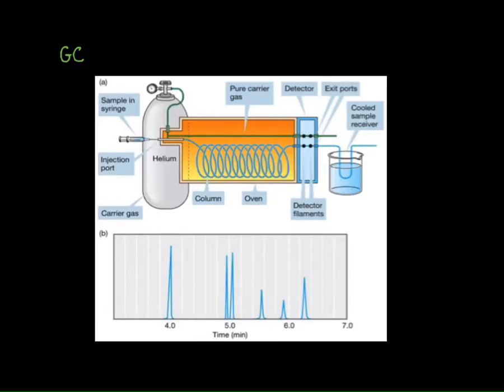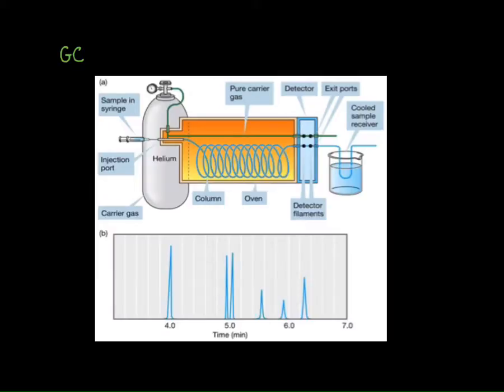And the process works very similarly, where you inject your sample, and that sample interacts with the material in your column, and of course it's also going to interact with the inert gas at different rates. If we're talking about a gas phase, we have to keep the sample in a gas phase, so we generally heat it up in an oven, and it passes through that column, and different compounds elute at different times, and you basically have a detector at the end.